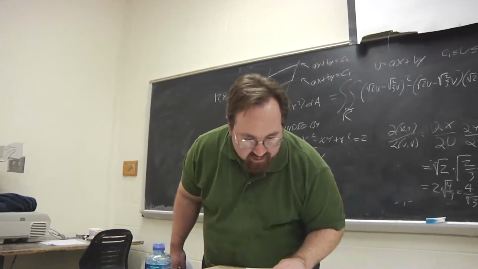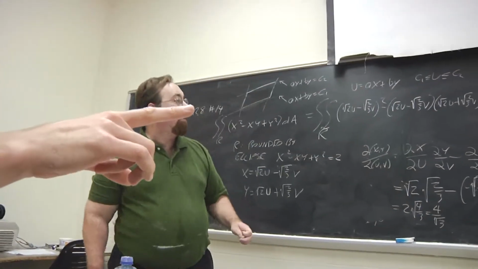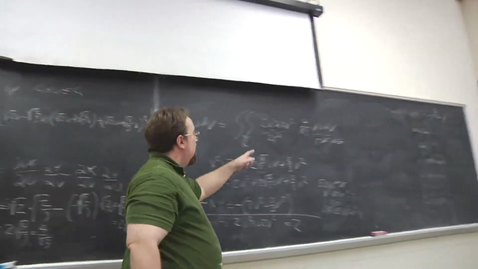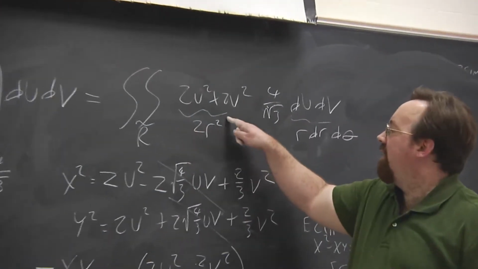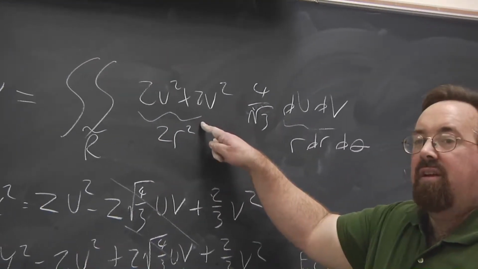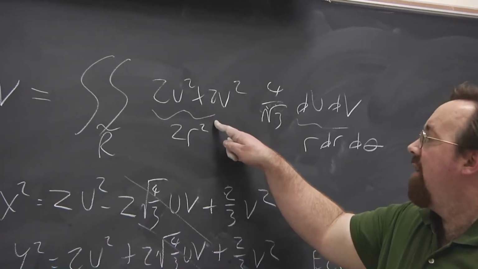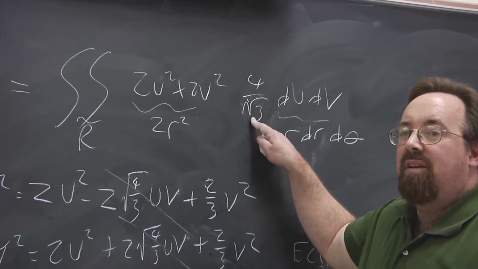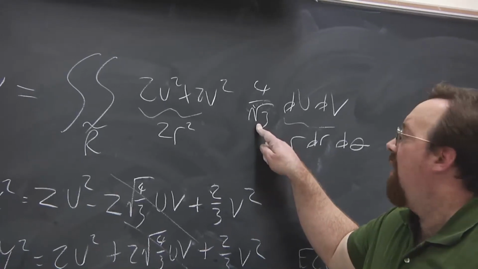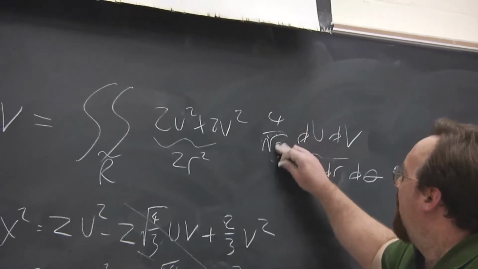Okay, actually, in the notation, right there: 2u squared plus 2v squared. Then you go to the 4 over the square root of 3. Should there be some notation? Are you multiplying that by 2v squared?